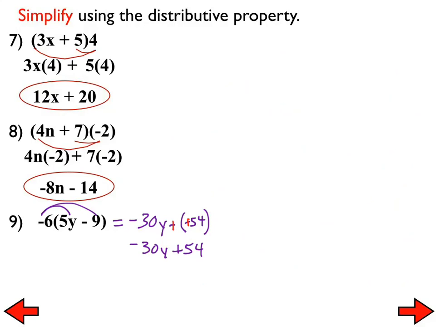Adding the opposite is how we've been utilizing this little tool of turning a subtraction problem into an addition problem. So they're both correct, but let me tell you which one is the preferred way of writing it. This is the preferred way of writing it. So can you make a little note in your notes that that's really the way that we like to see it? Even though both of those things are equivalent to each other, that's really the way that we like to see it.